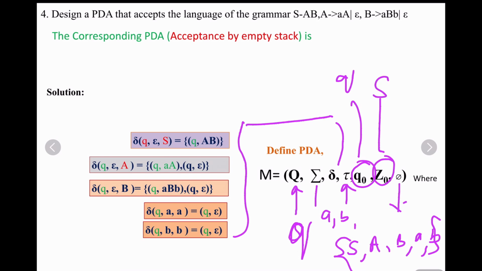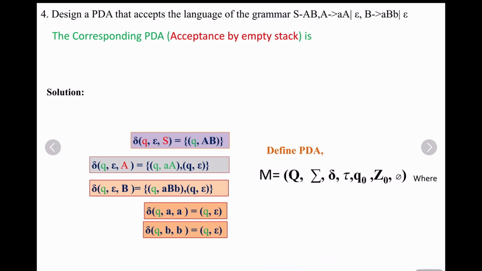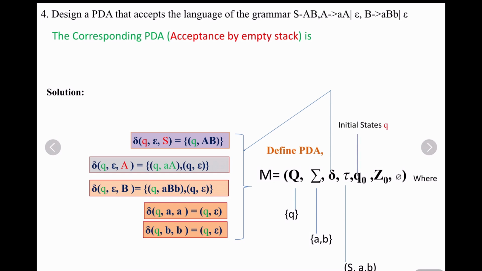Understood? Now I'll show it in the animation. Look at this. This is Q, a, b, epsilon; this will be the transition. Then the stack alphabet S, A, B. Even S is also a stack alphabet, since S is producing. You have to write it in order, in case it is mistakenly not shown here.